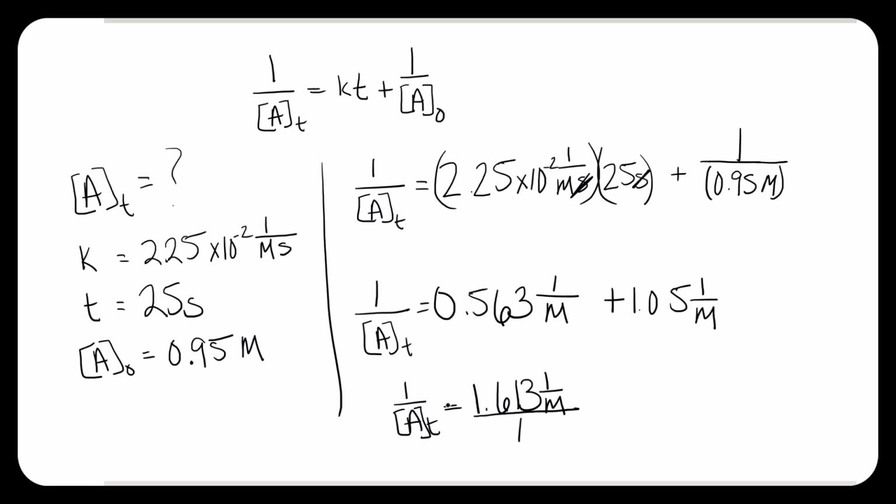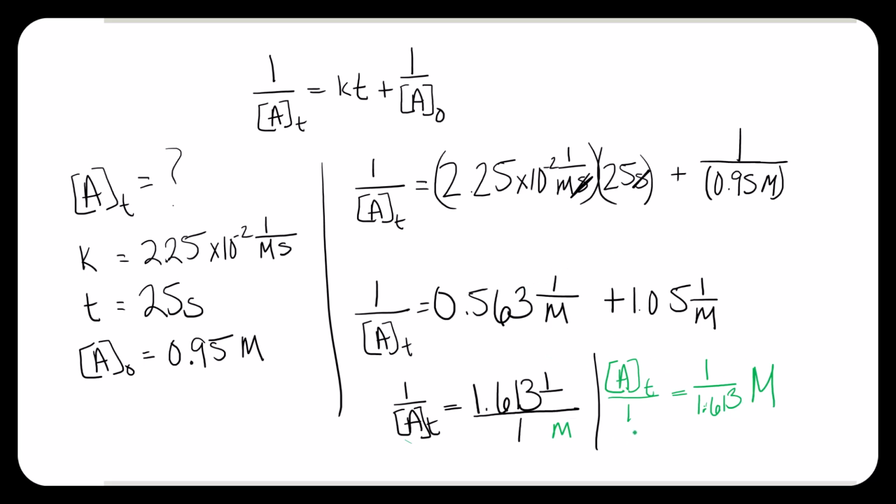This is technically on the bottom. So what I'm going to do is I'm just going to flip. So I'm going to write in a different color so you see what I'm doing. So if I flip the left-hand side, that becomes concentration of A at time t over 1. And if I flip the right-hand side, that becomes 1 over 1.613. And the units become molarity. So molarity technically was in the bottom of this fraction. And when I flip it, it turns to the top.